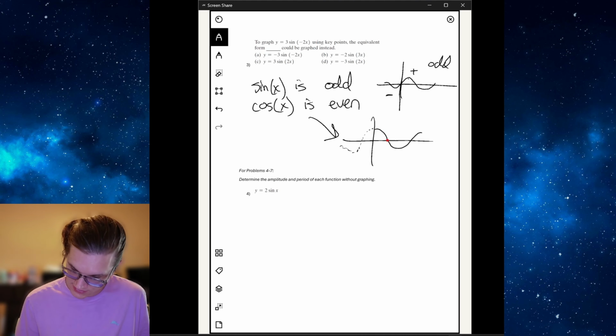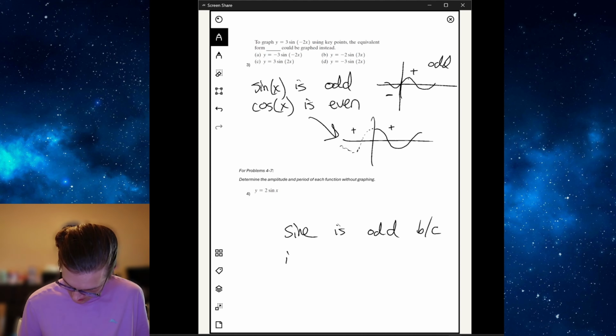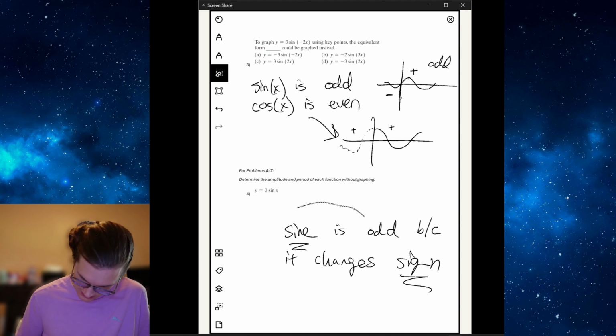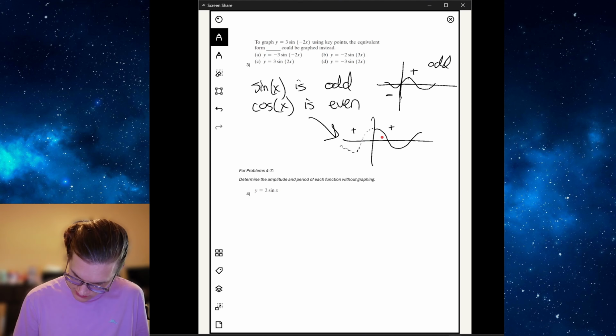Here, when it crosses, it's going from positive to positive. So sine is odd because it changes sign when crossing that y-axis. And cosine is even because it keeps the sign.